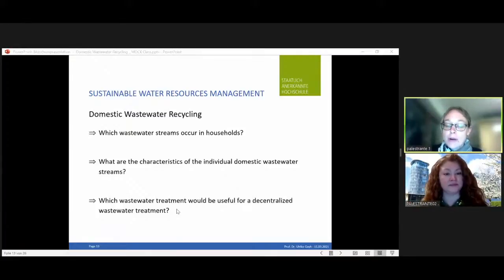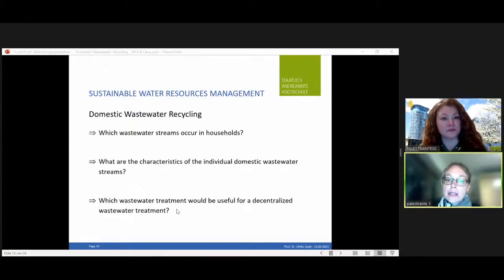So that is more about the behavior of the people, but it's not a challenge for the technology, but for the costs. And when you talk about decentralized wastewater treatment, which is for the households, it would be too expensive. That can be more used for the gray water treatment.